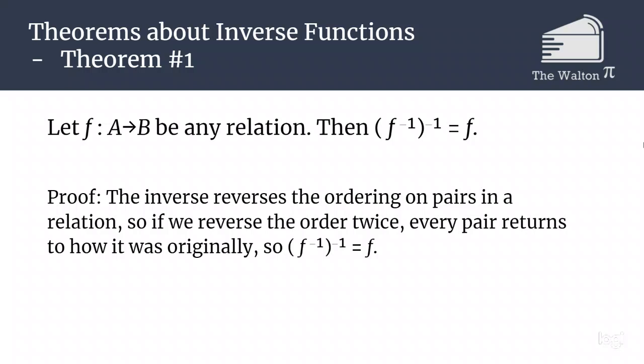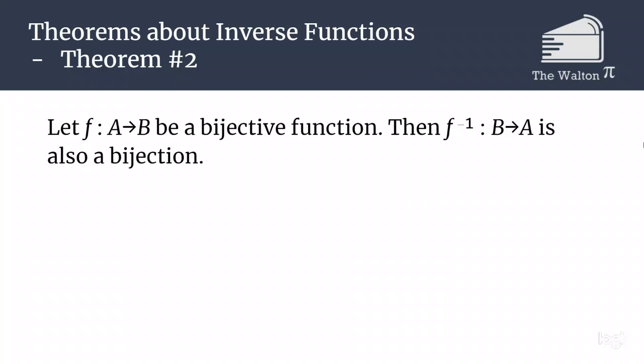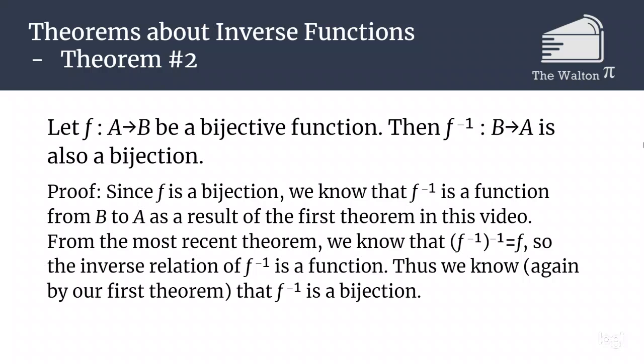The second theorem involving inverse relations is that if f from A to B is a bijective function, then f inverse from B to A is also going to be a bijection. To prove this, we start by saying that if f is a bijection, then we know that f inverse is a function from B to A, as a result of the very first theorem we proved before we started these smaller theorems.